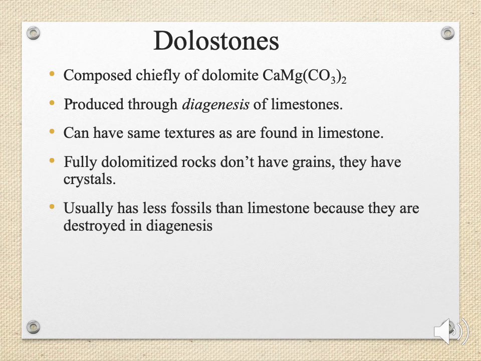Fully dolomatized rocks don't have grains in the sense that we talk about grains as allochems, but rather they have crystals. And usually they have fewer fossils than limestones, and certainly fewer pristine fossils, because fossils and allochems tend to be destroyed in the diagenetic process.